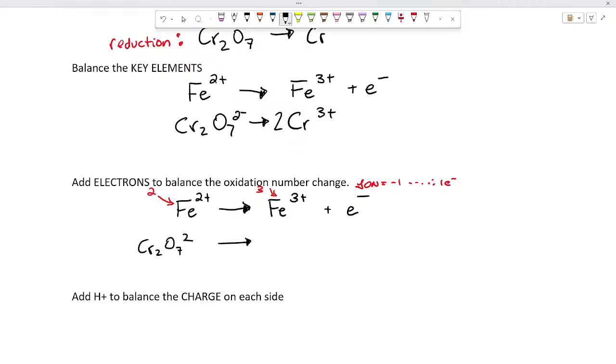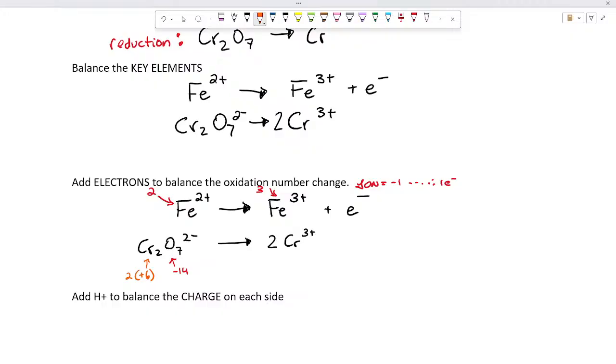Cr2O7 2- is going to yield 2 chromium 3+ ions. Well, what is oxygen giving us here? -14. So, what must chromium be giving us? 12. And so each one is giving us 6. Okay, good.